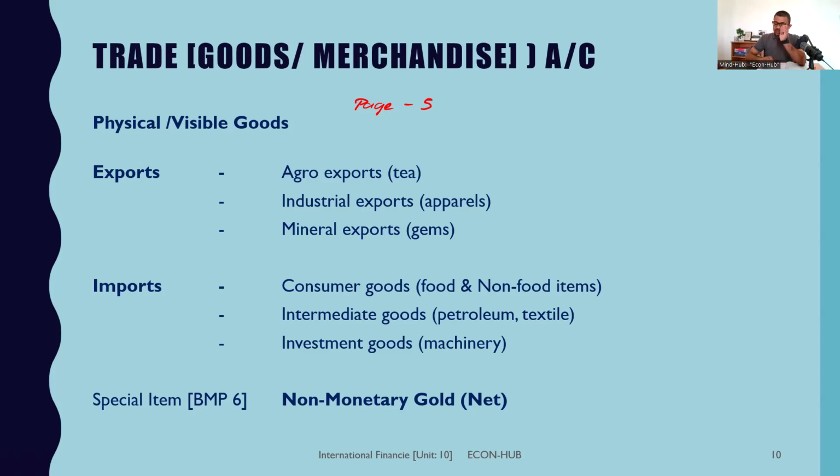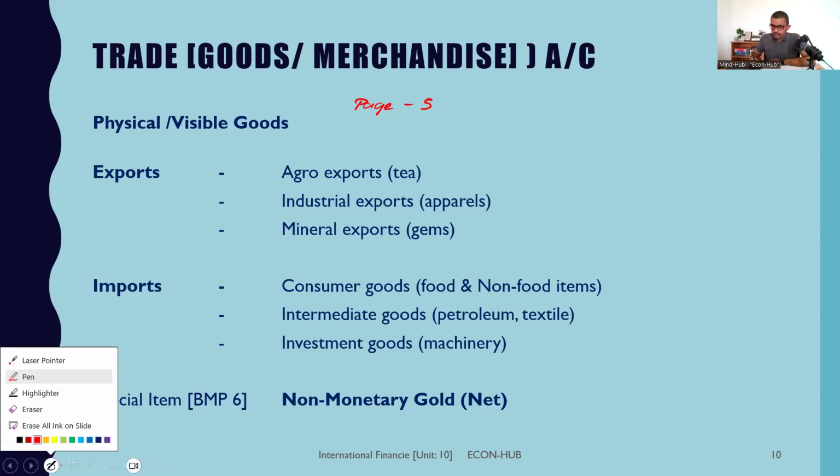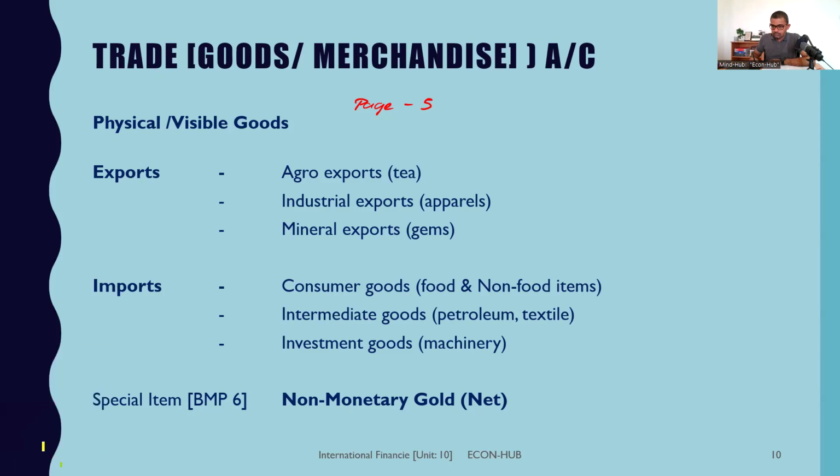But before that, something that needs to really be captured by you is that the trade account only includes either we say physical or visible, or one more term, tangible.